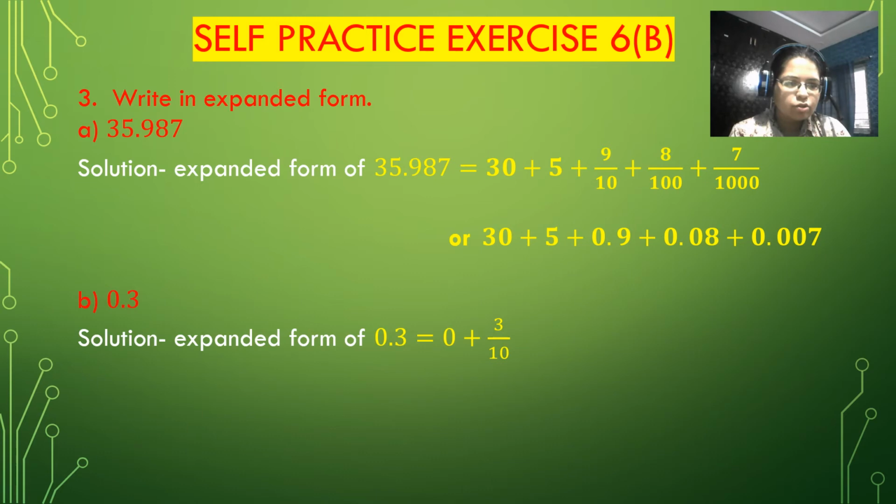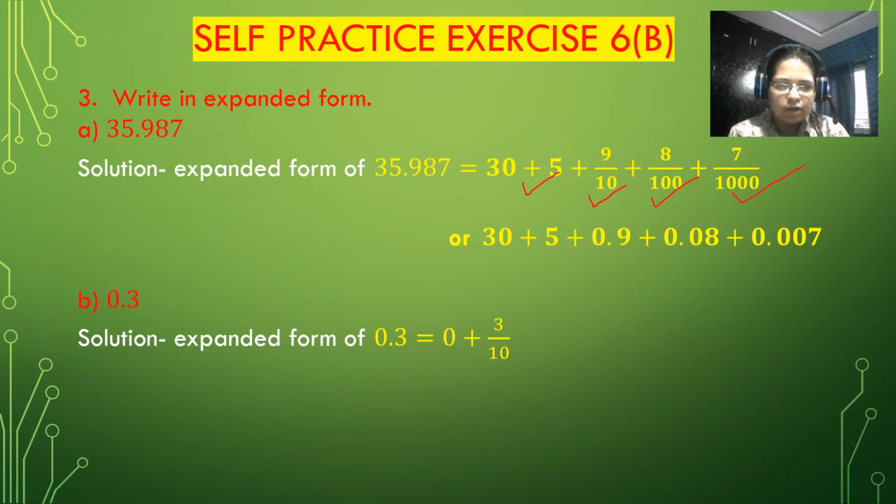Now we solve question number 3. Question number 3 is: write in expanded form. First bit is 35.987. The expanded form of 35.987 is: 35 is 30 plus 5, and 0.987 is 9 divided by 10 plus 8 divided by 100 plus 7 divided by 1000.